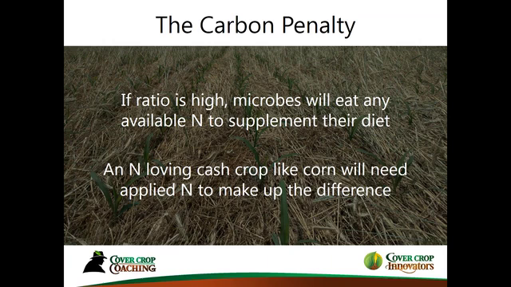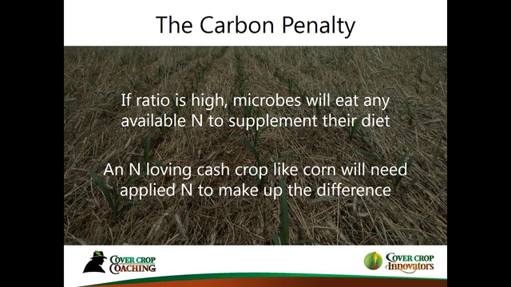So they're going to be eating up any nitrate nitrogen that's in that soil profile, and your corn won't have it to grow. And we like to say that when you plant corn into a cereal rye, assume there's zero nitrogen there.